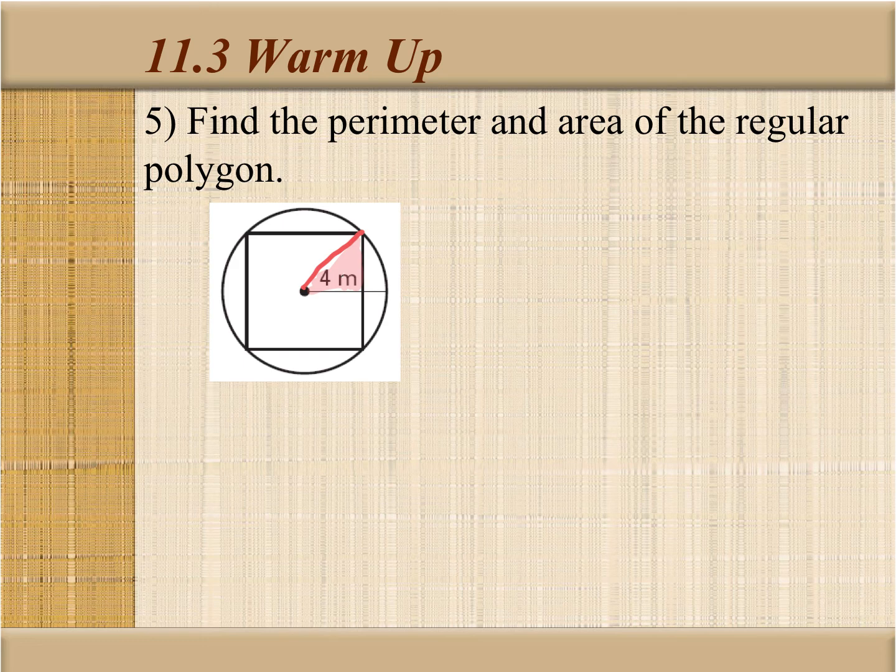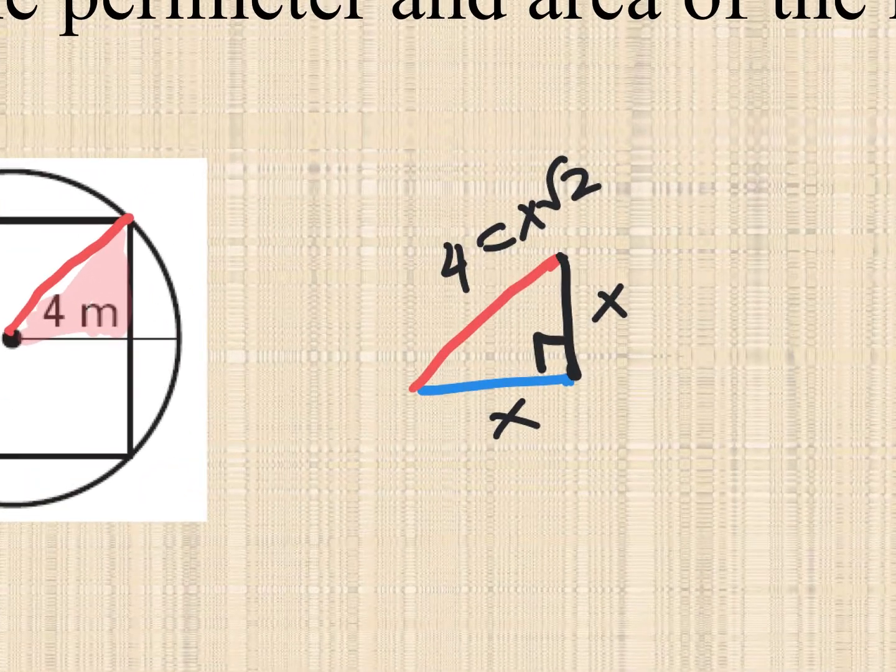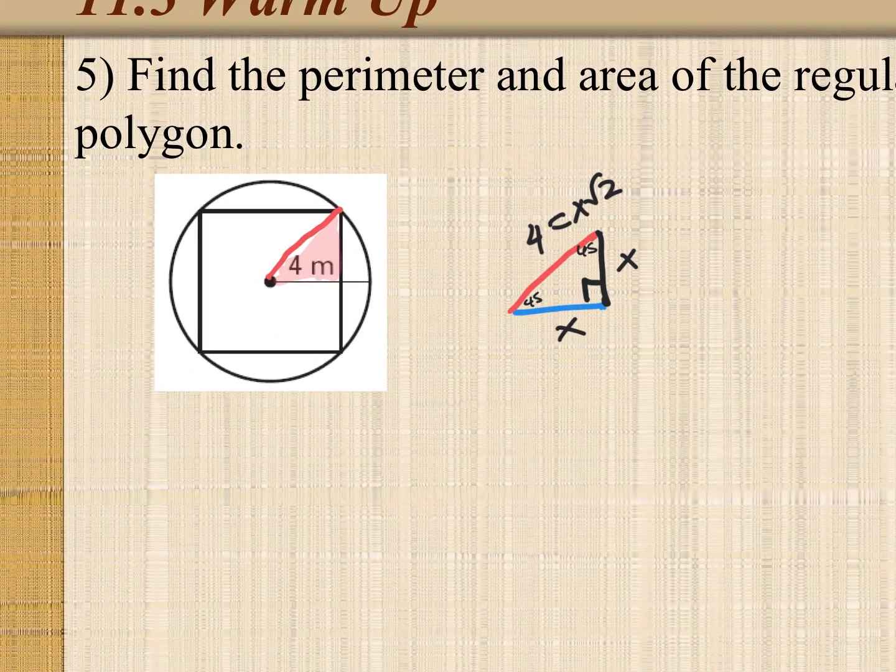So if I pull this out and put it in the same orientation, the right angle is here. This is 4. And this is equal to x square root 2. These two sides are x because the central angle in a square is 90, and when it's bisected, it becomes 45.